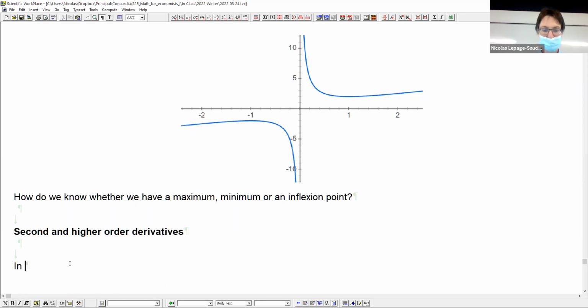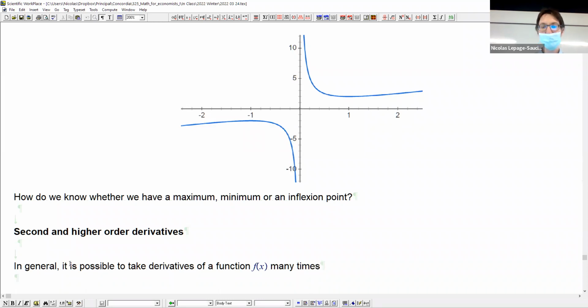In general, it is possible to take derivatives of a function f of x many times.